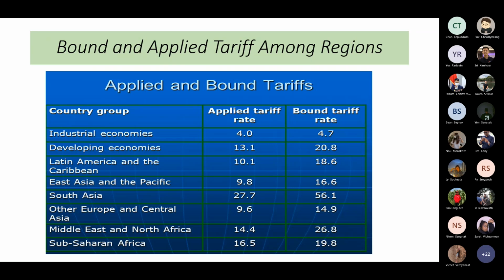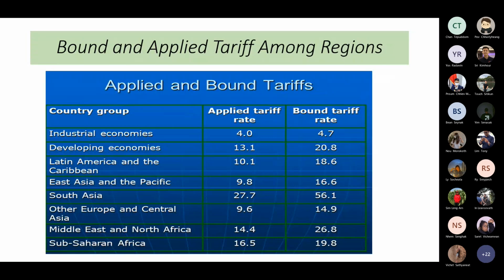I mean 4.7%. Developing economies, the applied rate is 13.1%, while the bound tariff rate is 20.8%. So the tariff overhang for developing countries is around 7%.